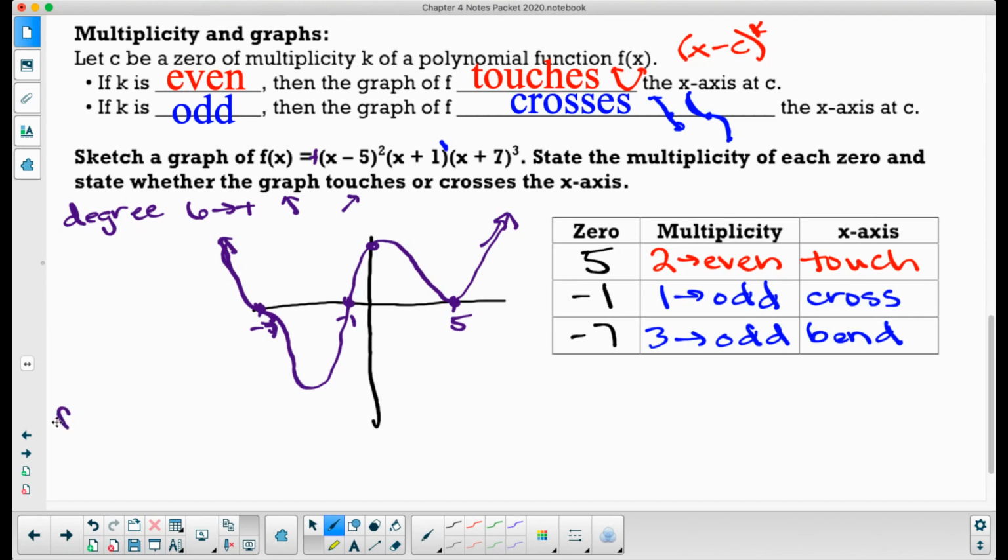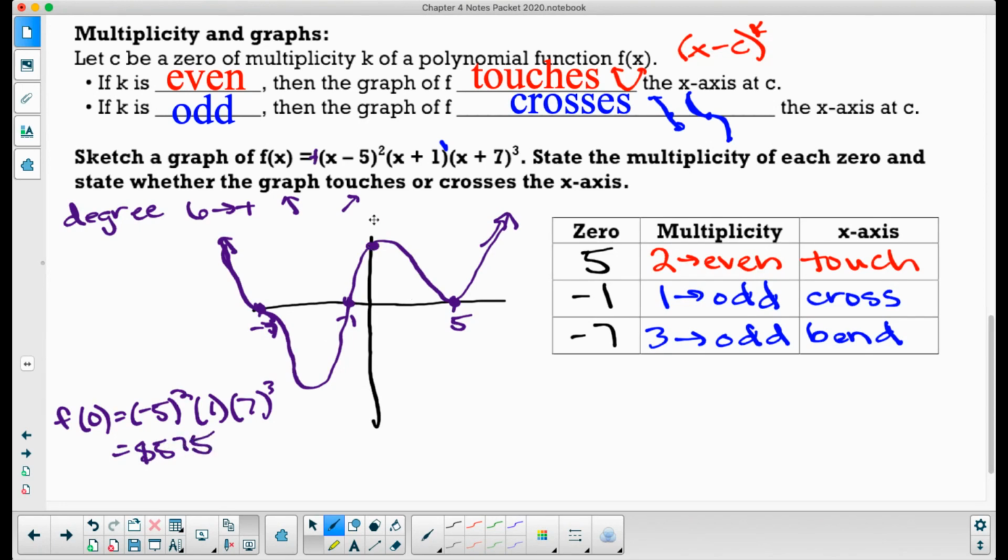If they asked you to find the y-intercept, you could do that. The y-intercept would be when x is 0. So f of 0 would be -5 squared times 1 times 7 cubed, which gets you 8,575.